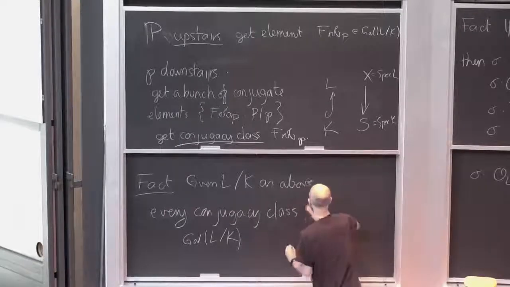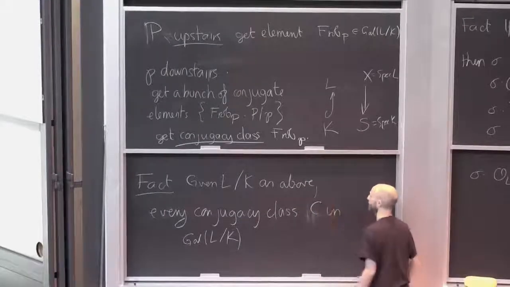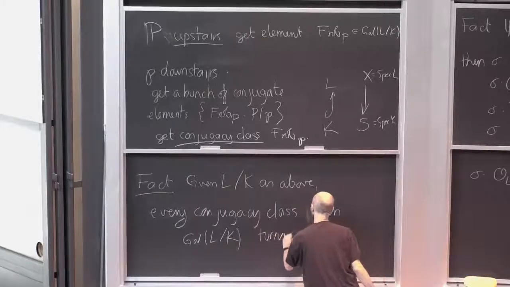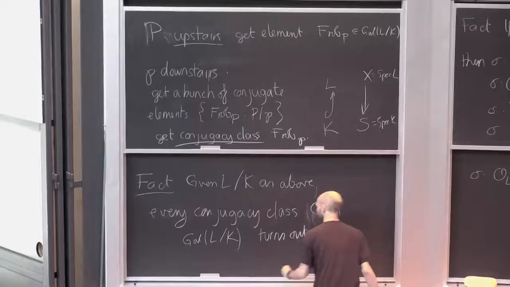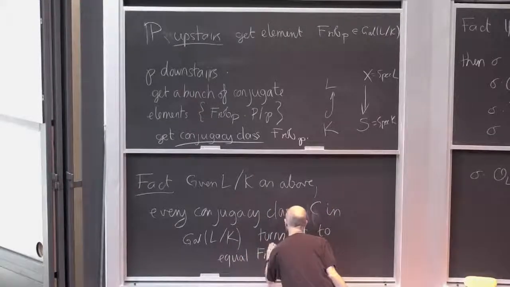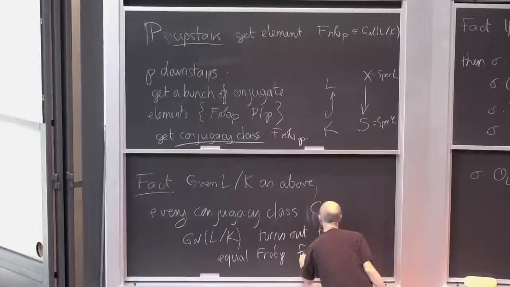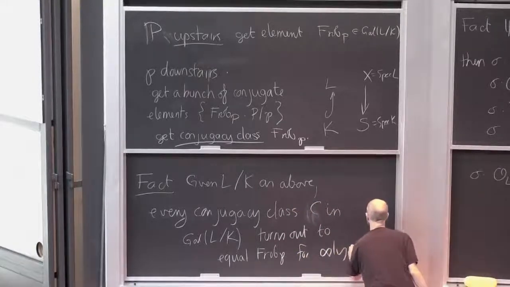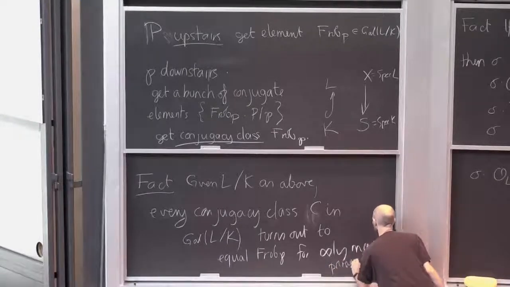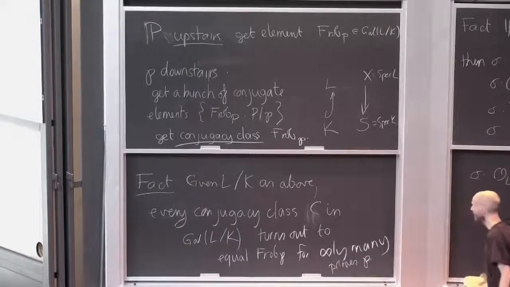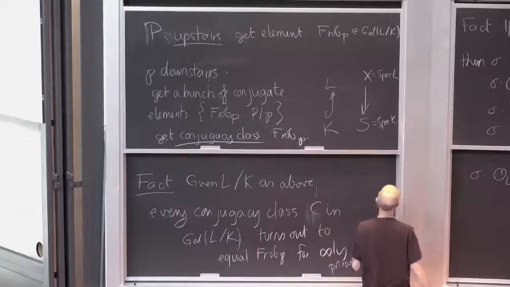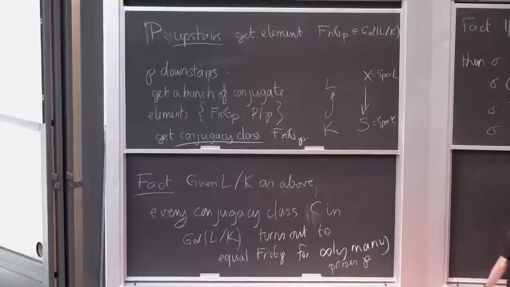Every conjugacy class C in Gal(L/K) turns out to equal Frob of curly P for infinitely many primes P. That's not just a fact, that's called Chebotarev, well, that's a very weak form of the Chebotarev density theorem.